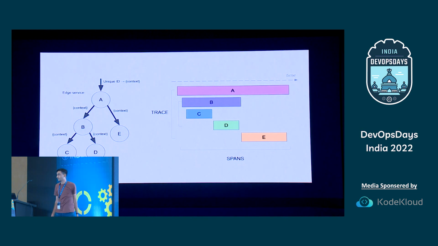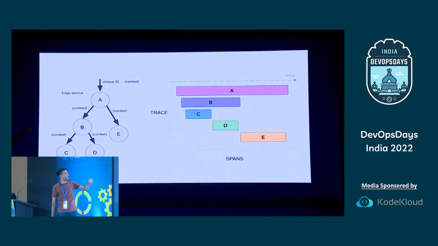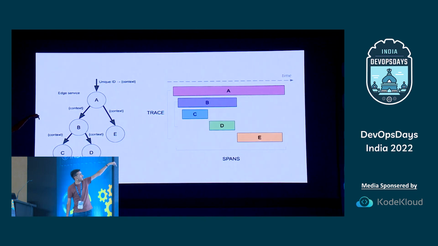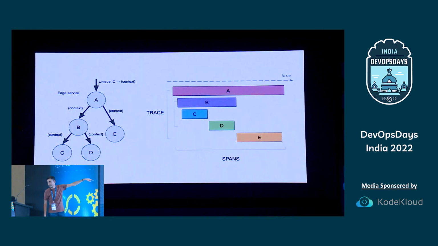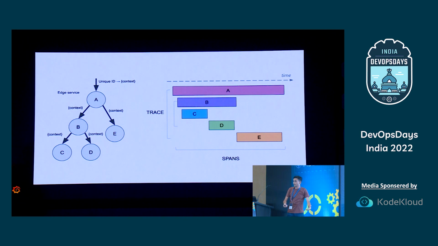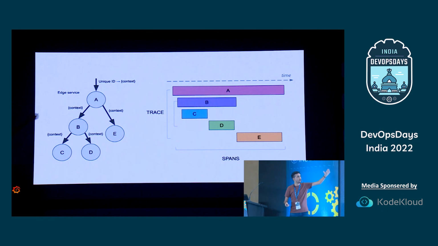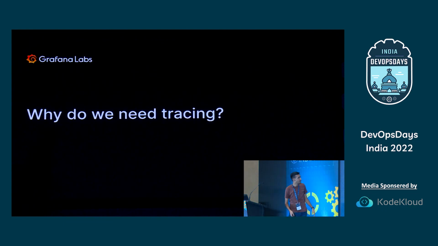That unique ID is called the trace ID. Then that context, basically the trace ID information, is passed along, like when A is calling B and E, it's passing that context with the call. And then B takes that context and passes it along to C and D. So now every service will do its own operation, attach all the spans that it created, and say that they belong to that trace ID. And that's how we build this trace.